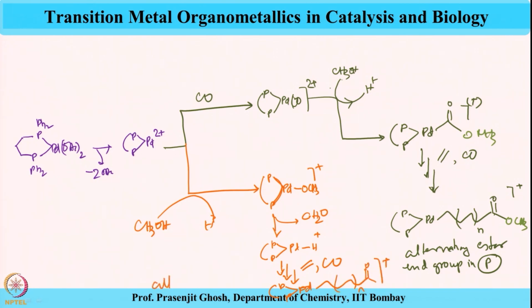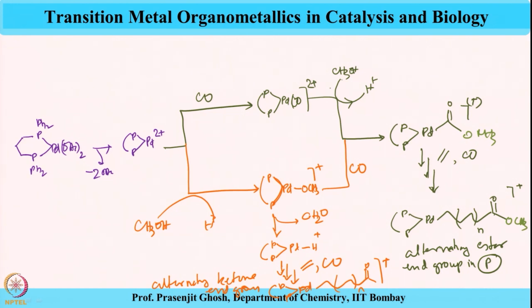So, alternating ketone end group. Now, this species again can react with CO to give the ester.